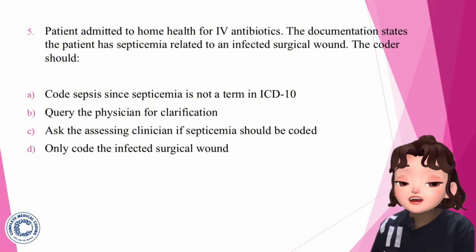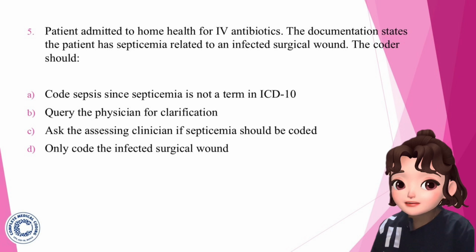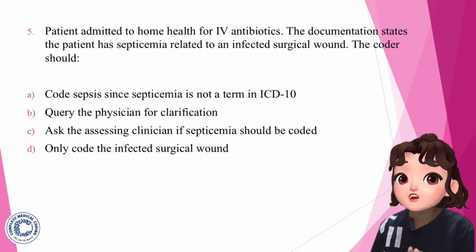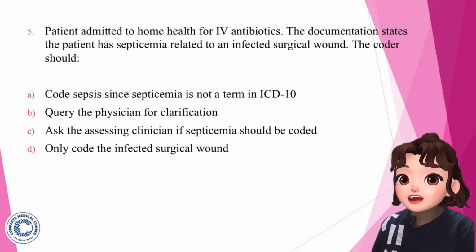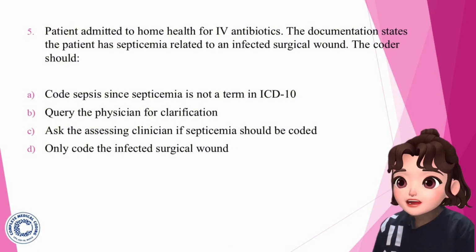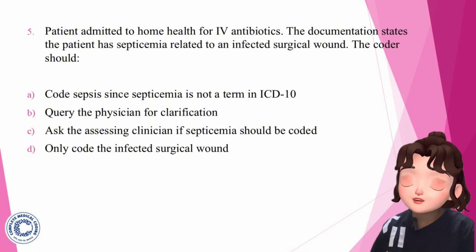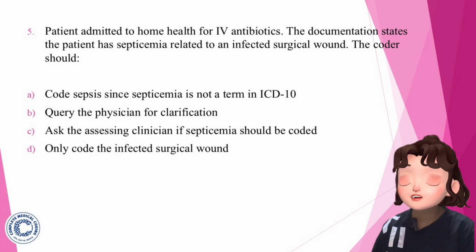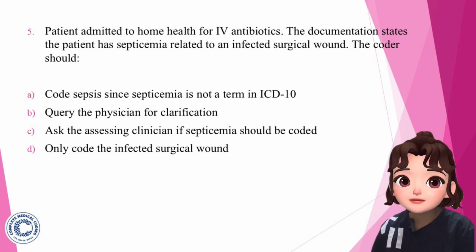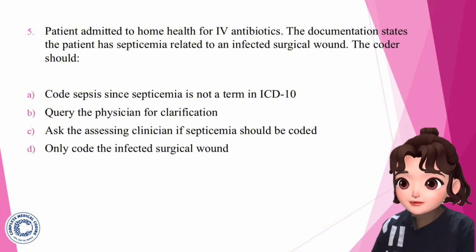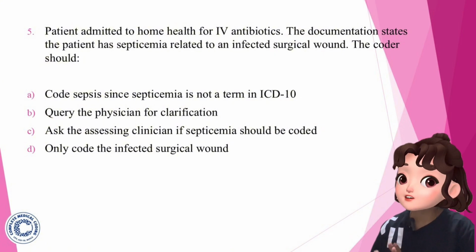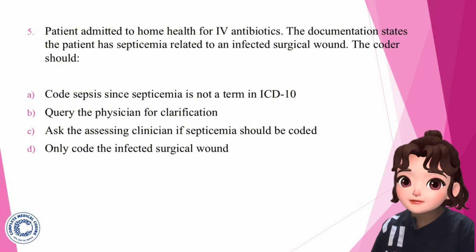In that I had mentioned each and every medical term, septicemia, the organism that is causing sepsis. So the patient has septicemia related to an infected surgical wound. So in such cases, what should the coder do?